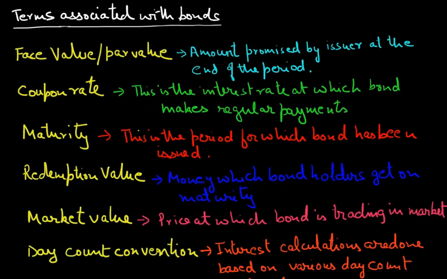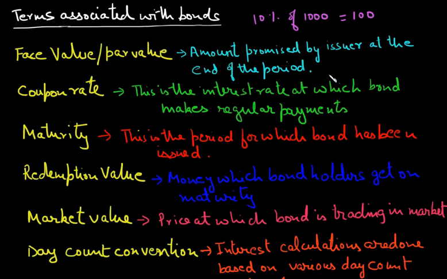So what it means is that every year it will pay 10% of 1,000 rupees to the bondholders. In this case, they will pay rupees 100 after every year.